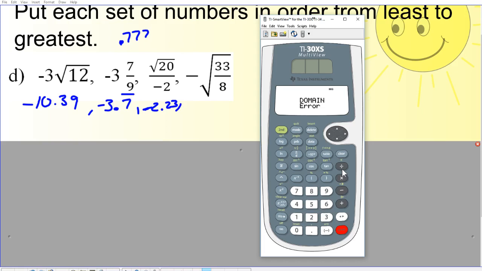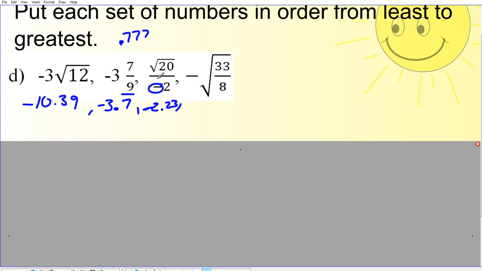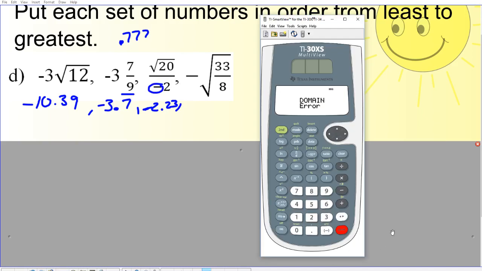The problem is the calculator does not like having a negative sign on the bottom of the fraction. It gives you an error message because of that. Well, actually, it thinks this -2 is inside the square root, and you can't take the square root of a negative number. But this is also a problem. The calculator doesn't like having negatives on the bottom.